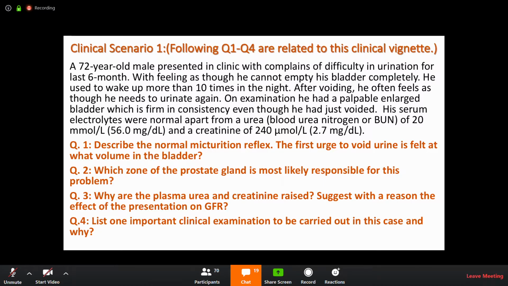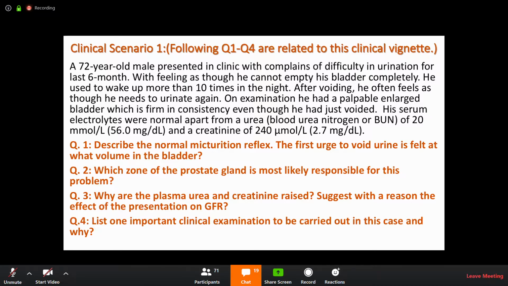And now let's look at the fourth way that we can estimate glomerular filtration rate. I mentioned to you that in the clinic, a quick way to measure glomerular filtration rate would be to look at plasma creatinine levels, because plasma creatinine levels are inversely proportional to glomerular filtration rate.